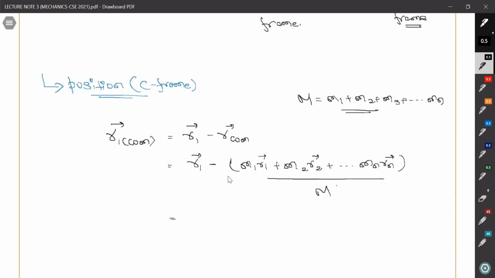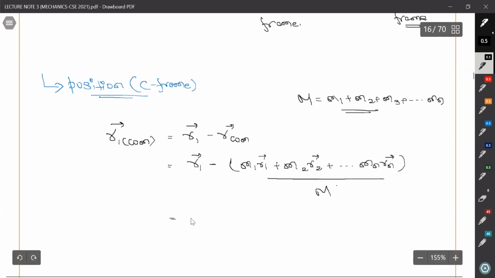Okay, and what we are left with, suppose when you multiply this, it will become m1 r1 plus m2 r2 so on mn, oh no, sorry, this is r1.